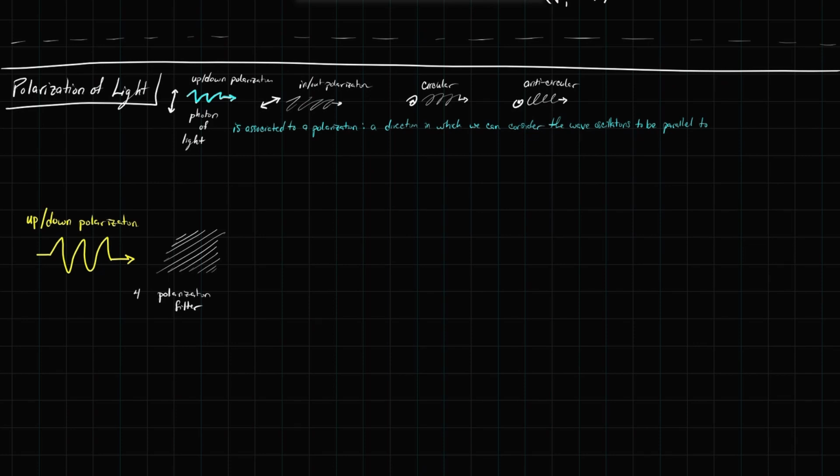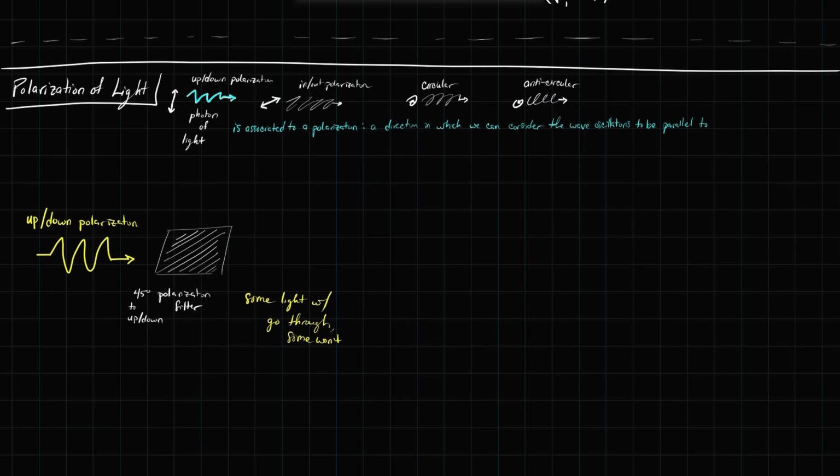And here I've put it at 45 degrees to up-down. Well, my up-down polarized light is going to try to fit through here. And what will end up happening is some of it will fit through. Some light will go through, and some won't. This is why your polarizing sunglasses actually work, is they only allow some of the light through.